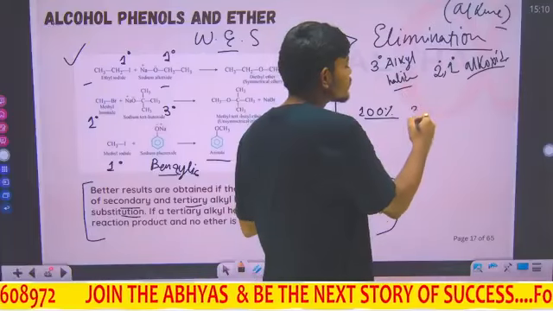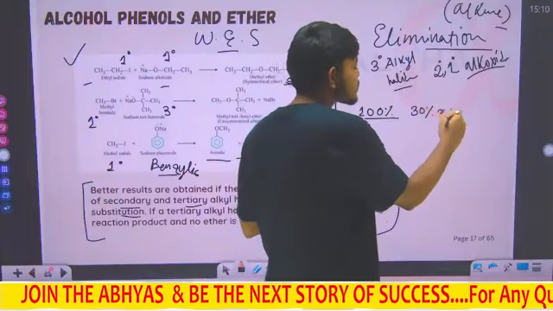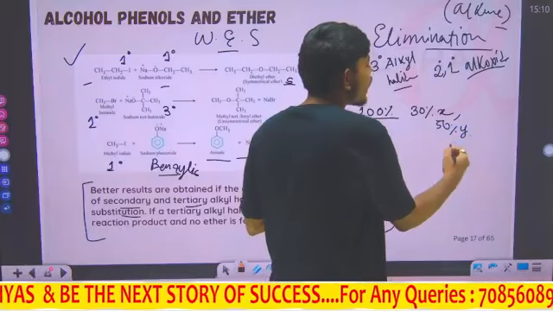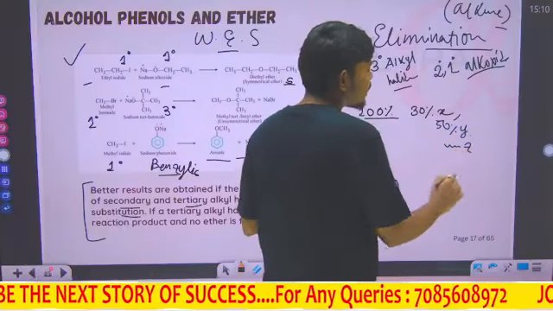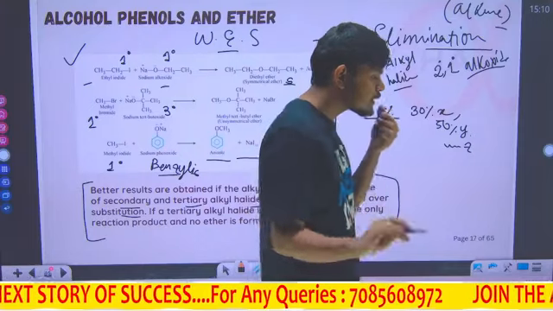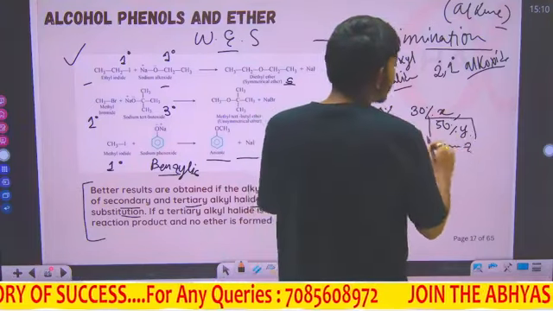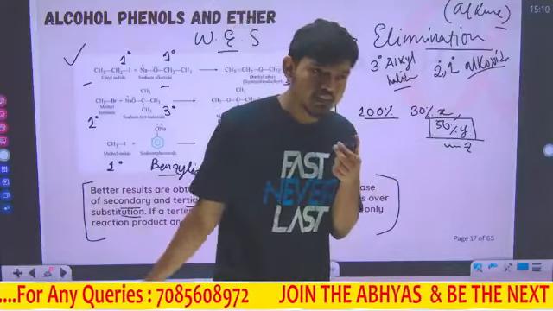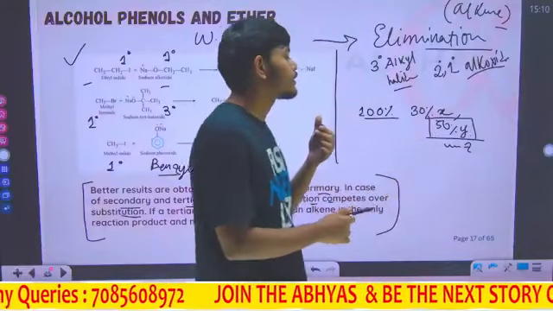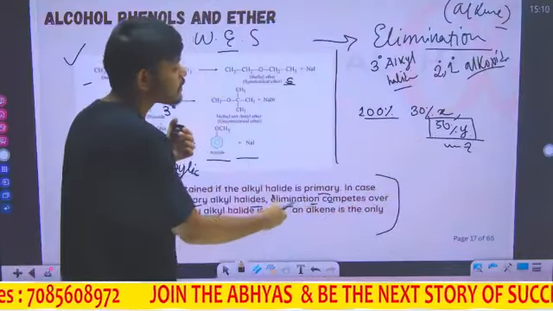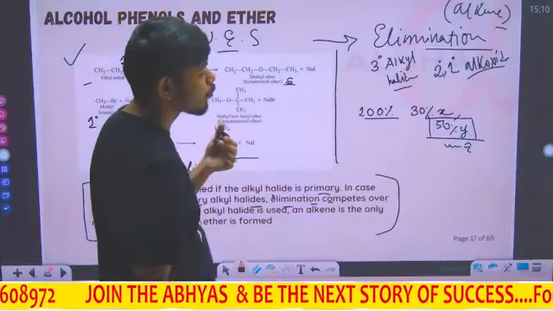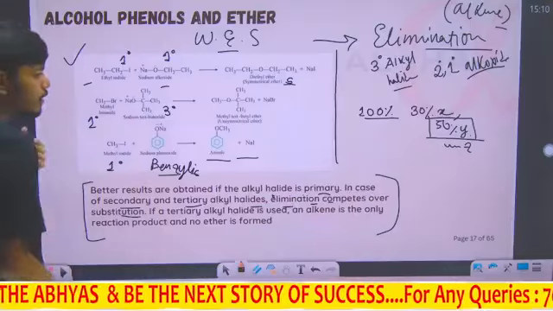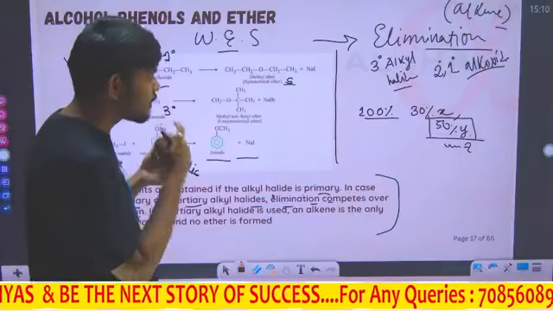In some cases, you get 30% X, 50% suppose Y, and the rest is Z. What we consider as the product are those species with the highest yield. In that order, we follow organic reactions. So here the major product will be the elimination reaction. It will form an alkene, and your minor product will be the ether when you react 3 degree with 1 degree.